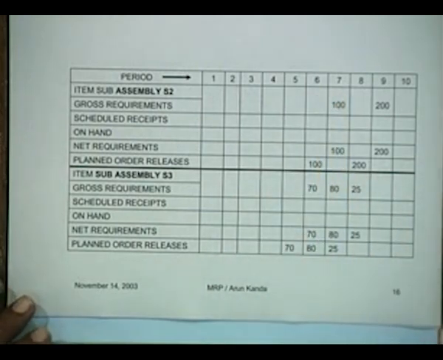So what we have seen is that from the original requirements of products P1 and P2, we have been able to determine the requirements at a lower level, which is the subassembly level, and the two subassemblies S2 and S3 we have determined from here.